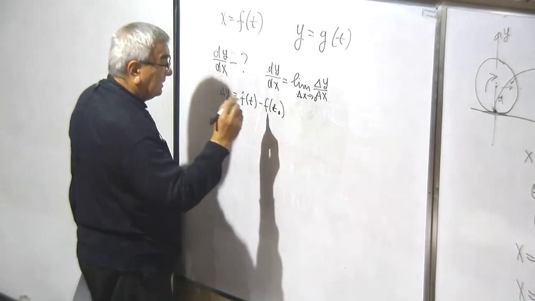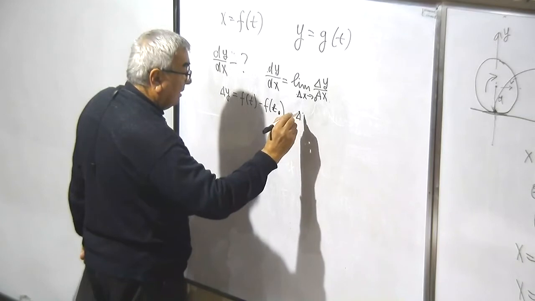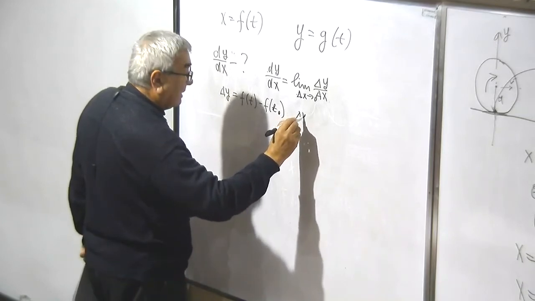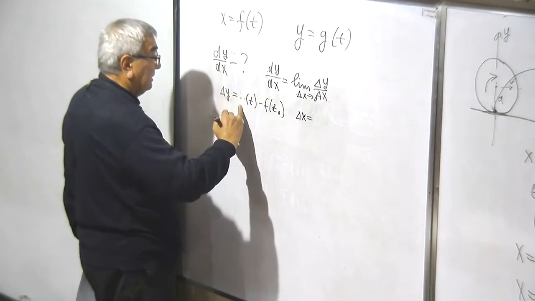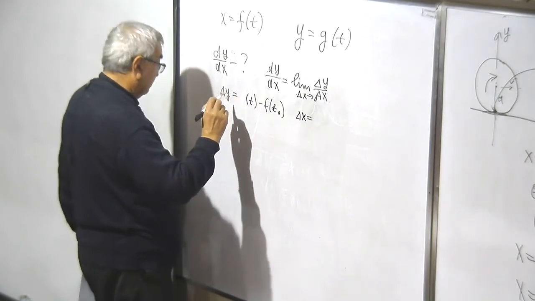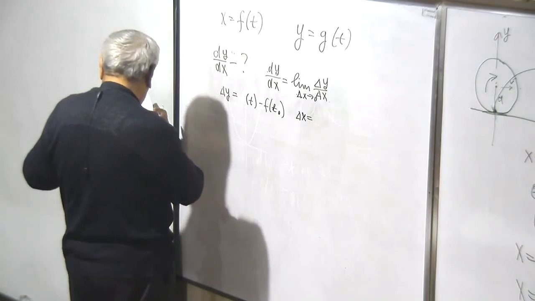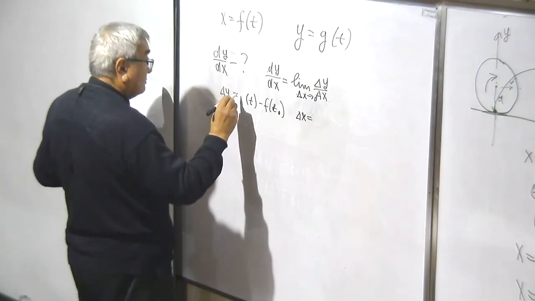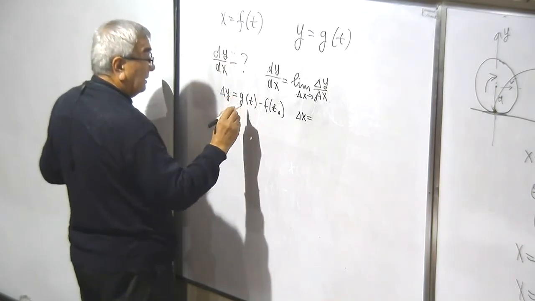That means this is the initial time, and delta y, sorry, this is a g.